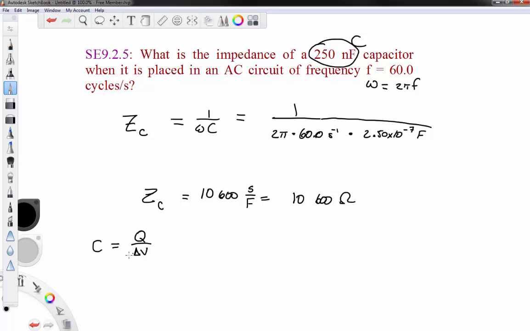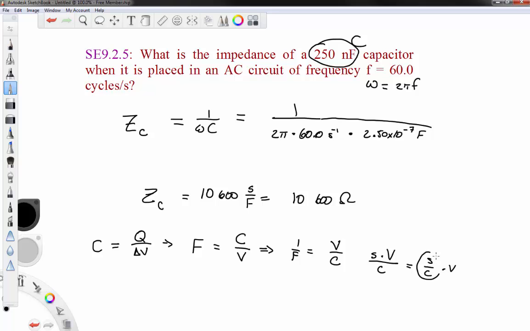So this implies that farads are equivalent to coulombs per volt. And note that therefore you would have 1 over farad is equal to volts per coulomb. And so basically you have seconds times volts per coulomb, which looks like seconds per coulomb times volts.